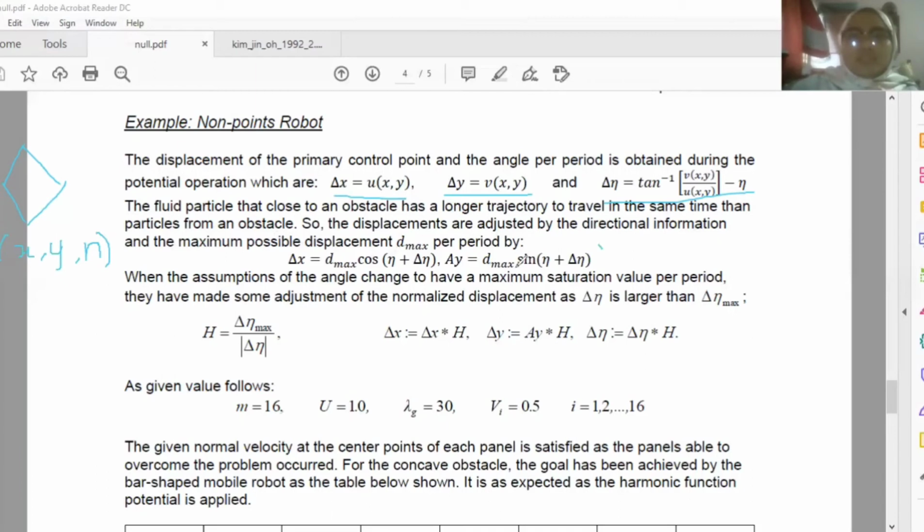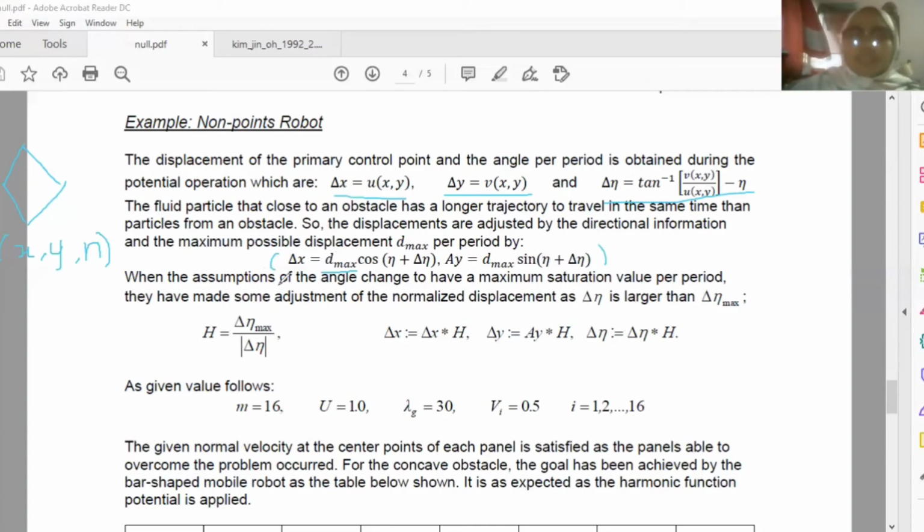This is the equation for delta x, which is the maximum displacement times cos(eta plus delta eta), and we also have delta y equals the maximum displacement times sin(eta plus delta eta).